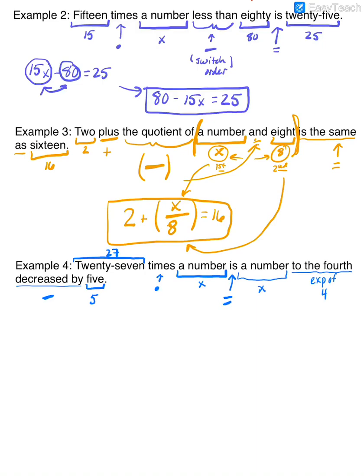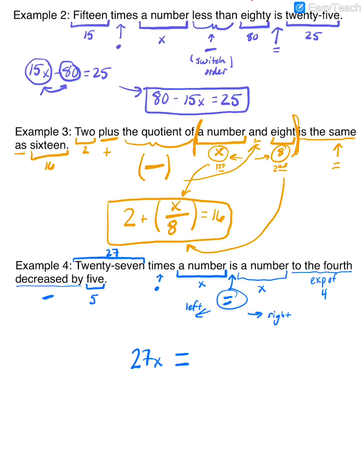Okay, so now, sometimes it's nice to place where your equal sign is too, if there's a lot going on, and start there. So the things to the left of the equal sign that you stated are on the left side of your equation. The things on the right side of the equal sign in your sentence are on the right side of the equation. So things on the left, it says 27 times a number. Well, I would say that it just looks like this. So 27x.